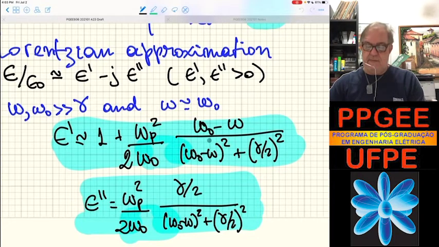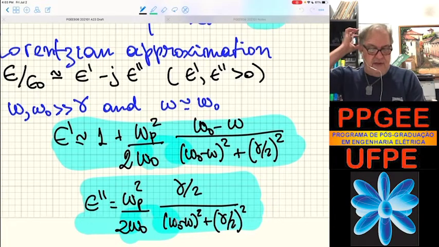And the imaginary part, on the other hand, has this behavior. Notice that the imaginary part has a peak when the frequency equals the resonance frequency here. The maximum value is going to be reached, okay?